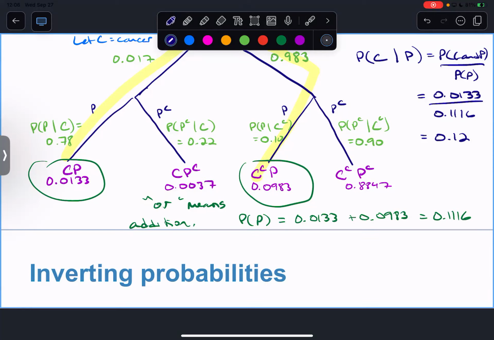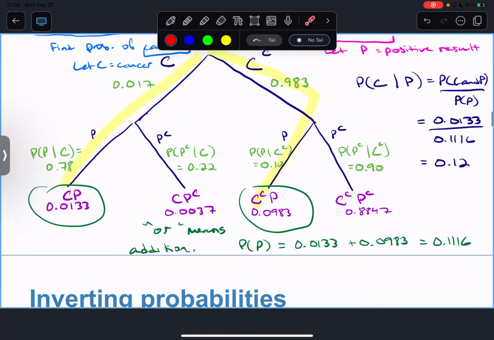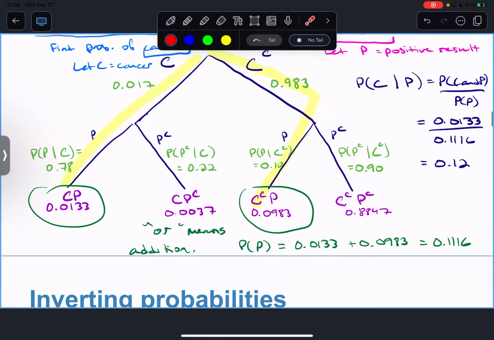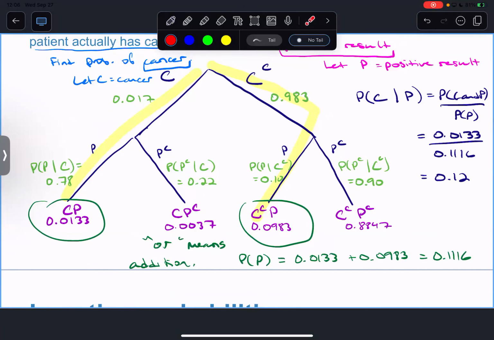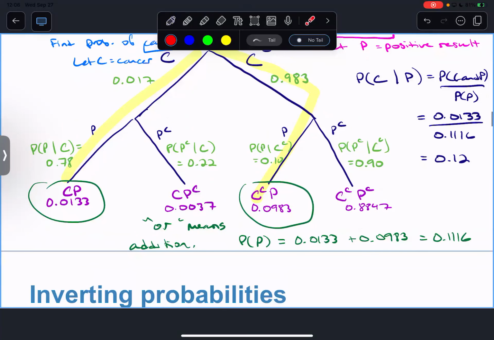You can use the tree diagram to answer lots of different conditional questions, right? And so mapping it out is tedious, but it's the safest way of figuring out these probabilities, right?